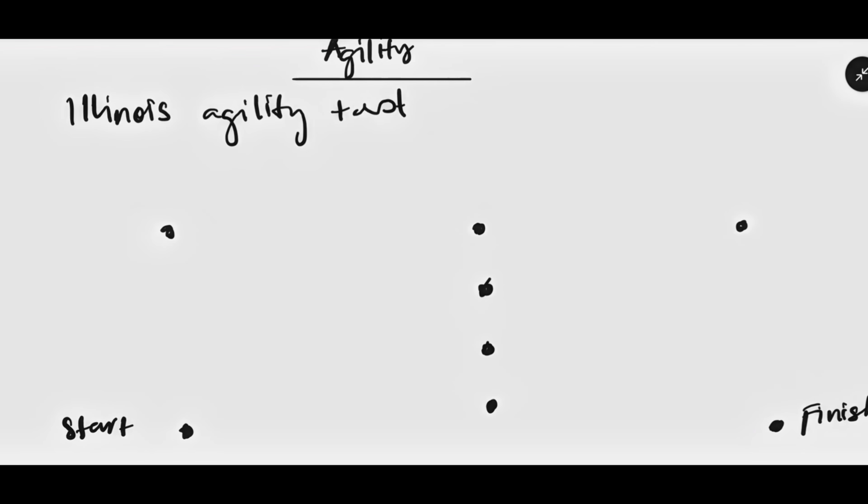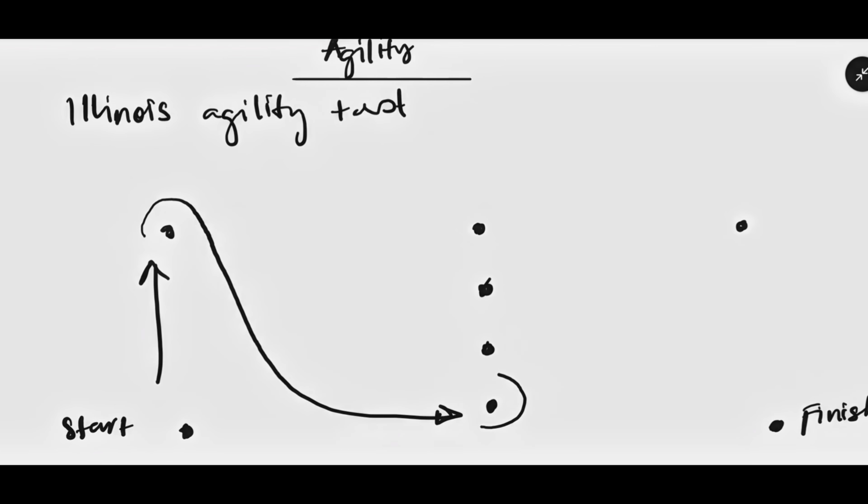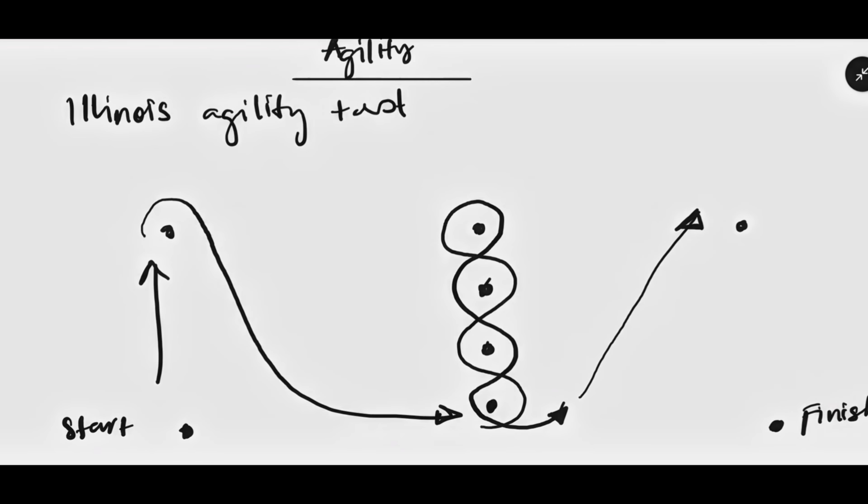Okay, so the participant starts here, sprints to this cone, does a sharp turn, sprints here, and then sort of wiggles between these cones, sprinting while changing direction as well between these cones, and comes out, and then sprints here, does a sharp turn, and then finishes.